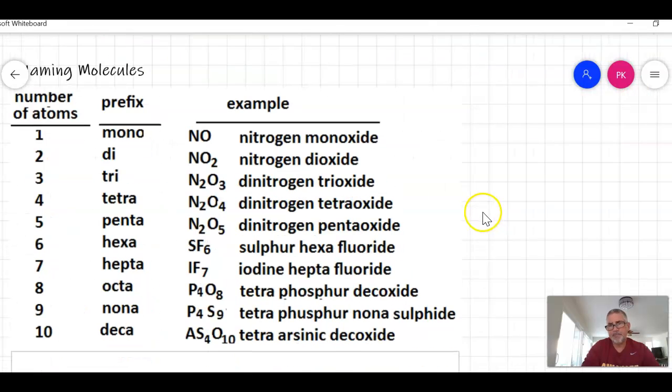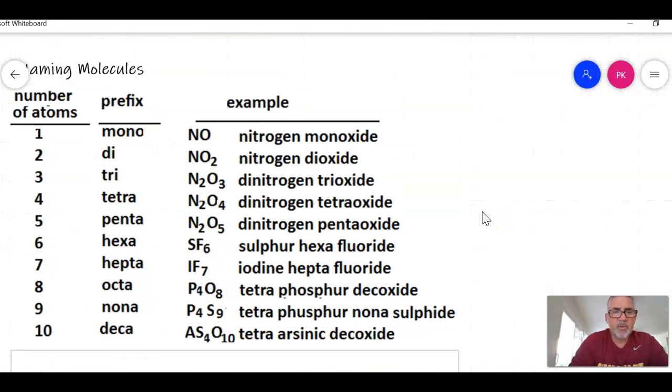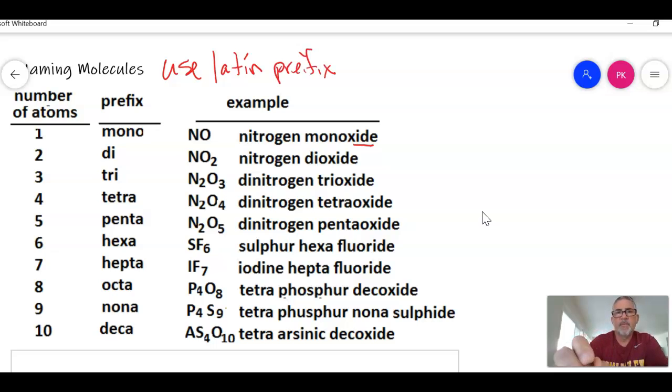When we name molecules, they're going to be similar to ionic compounds, but different. So I'm going to end everything in "ide." Right, so I'm going to use Latin prefixes and end in "ide."